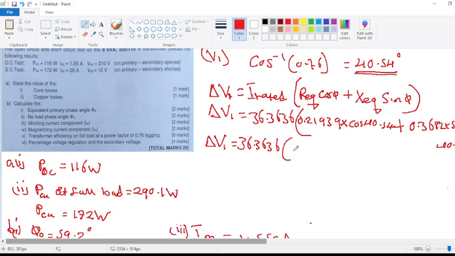We are going to have 0.1667. Plus, we do the same. What is 0.3682 multiplied by the sine of 40.54? We have 0.2393.